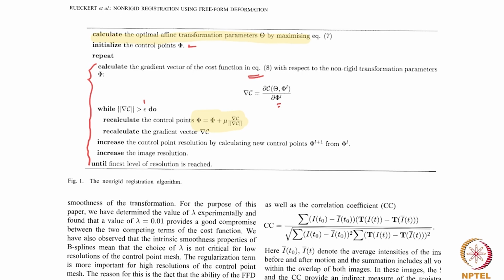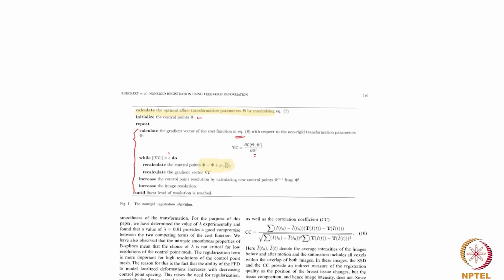This is the typical procedure for non-rigid registration using B-splines. The authors got excellent results, and we will look at a demonstration in a later class next week. For now, that's just a summary of the algorithm.